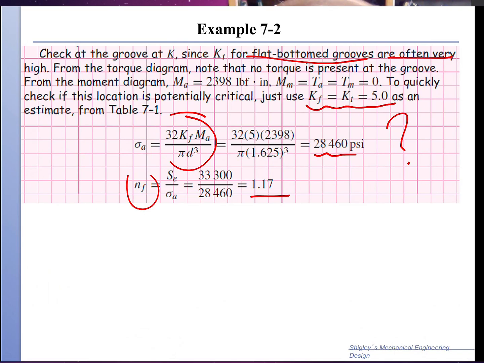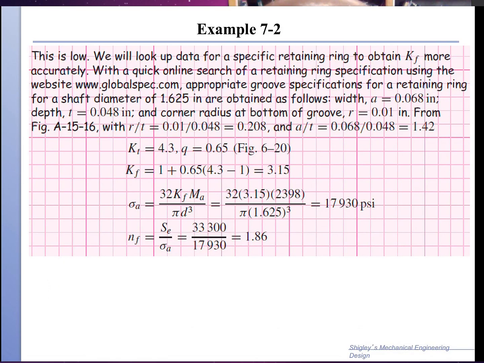And the solution that we have is to be a little bit more realistic. Instead of redesigning and finding another steel, we look carefully at the retaining ring and the way that it is machined.